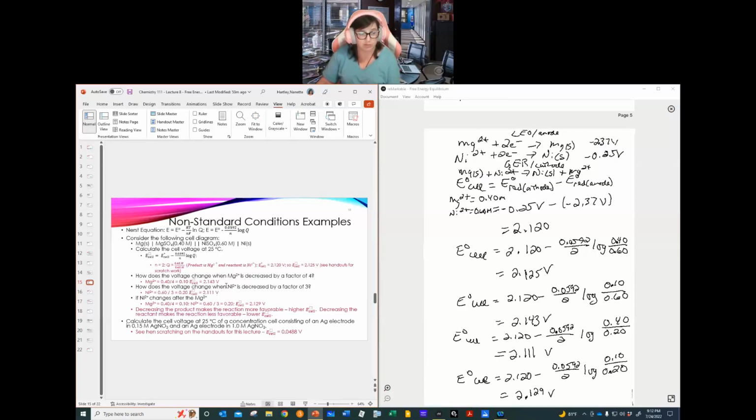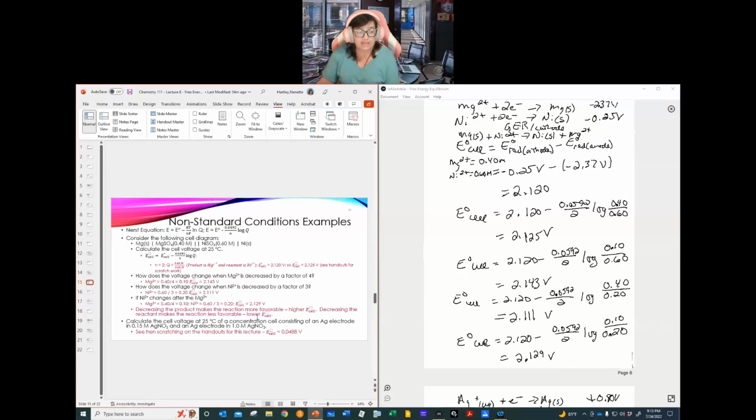How does the voltage change when Ni2+ is decreased by a factor of 3? So that's that 0.2, and that gives me 2.111 volts. And if Ni2+ changes after the Mg2+ changes, so we have both changes, so we have the 0.1 over 0.2, that gives me 2.129 volts, okay?